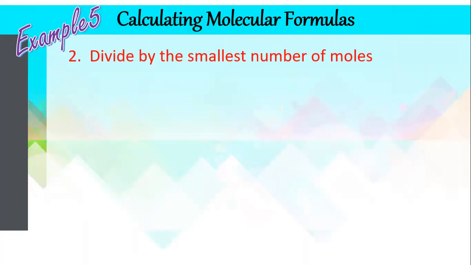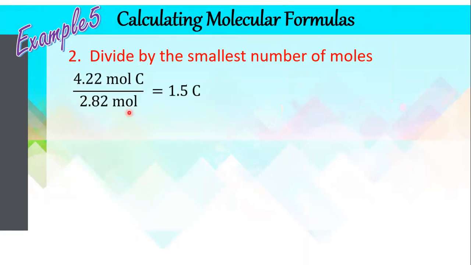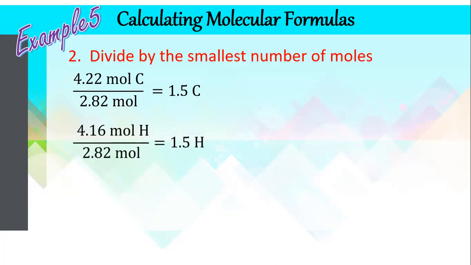Now let's divide each number by the smallest of these three values. The smallest is 2.82 moles. So 4.22 divided by 2.82 is equal to 1.5 carbon. This is the ratio of carbon. Then 4.16 divided by 2.82, we have 1.5 hydrogen.